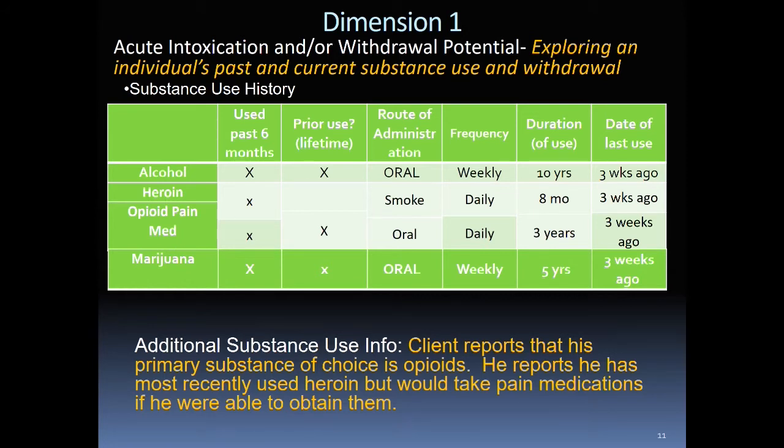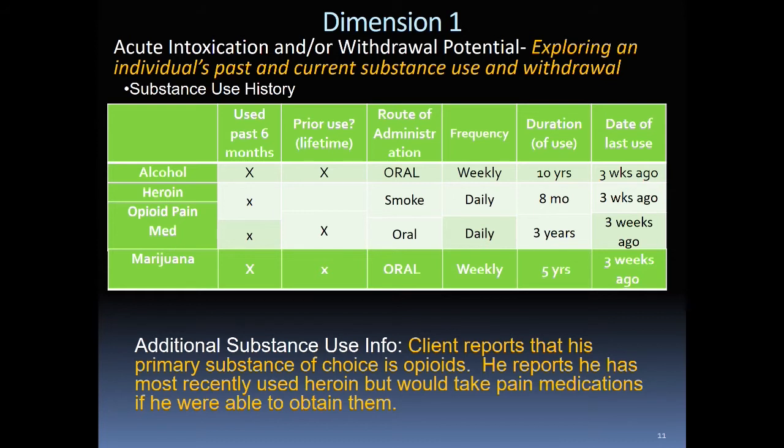And we have used in the past 6 months all of the before mentioned substances. You have prior use, lifetime, alcohol, opioid pain medication, and marijuana is checked.